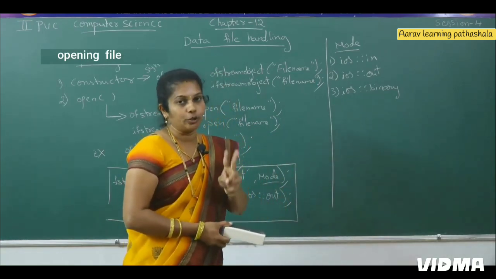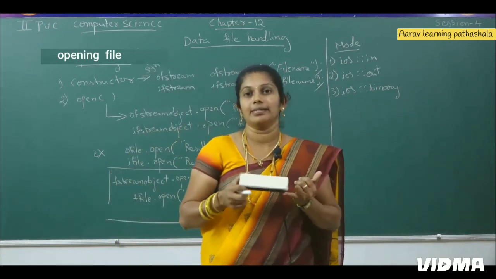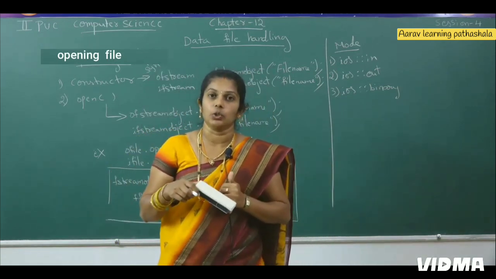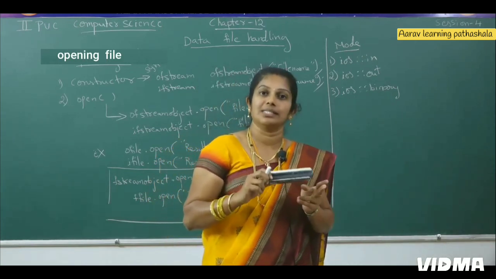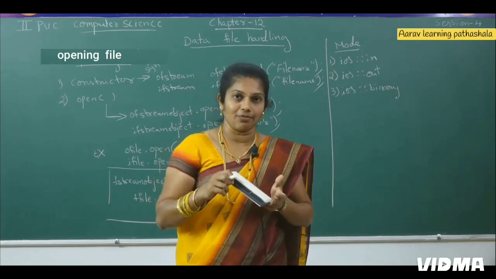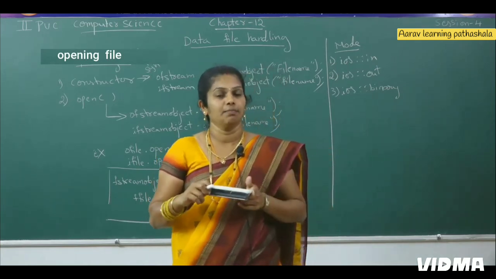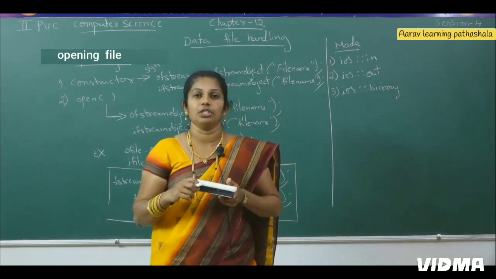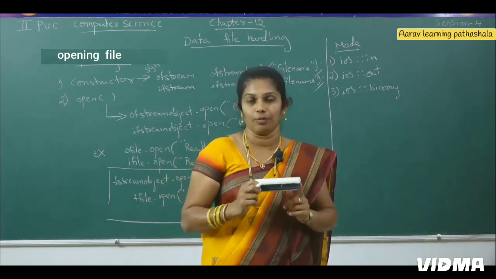In files, I told you there are two types. A file is a collection of records, or we can say it is a basic storage unit in a computer system. There are two types of files: text file and binary file. In a text file the information is stored in ASCII format, whereas a binary file stores the information in memory exactly as it is, in binary format only.